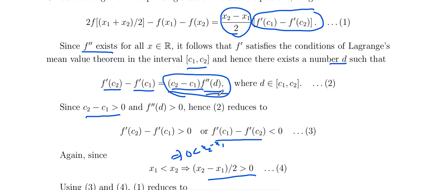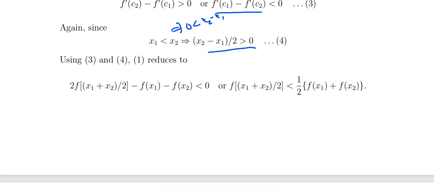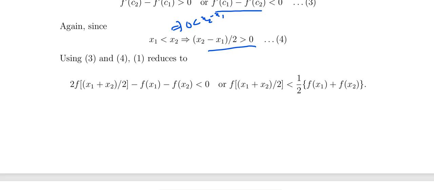So from this, what output do we get? The right hand side should be less than 0. If the right hand side is less than 0, then the left hand side should be less than 0. Left hand side less than 0 means f of x1 plus x2 by 2 is less than 1 by 2 f of x1 plus f of x2.